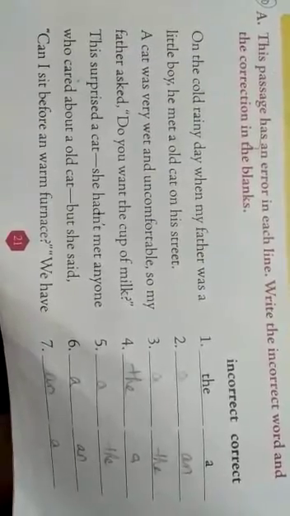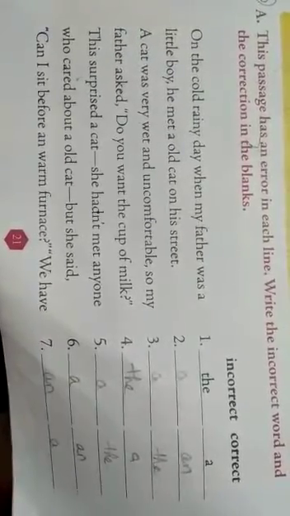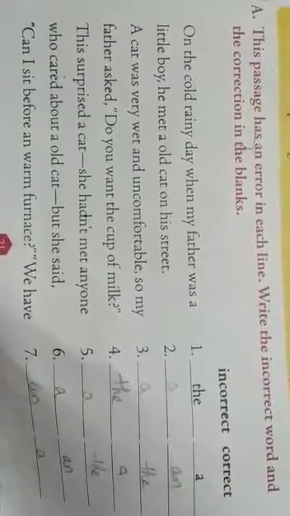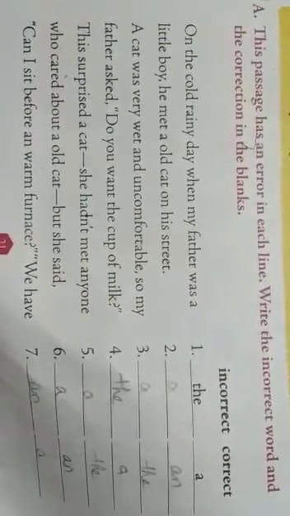First line: on the cold rainy day when my father was a. You should not write the; write a cold rainy day. A means one cold rainy day. So the is incorrect; write the in the incorrect column and a in the correct column.